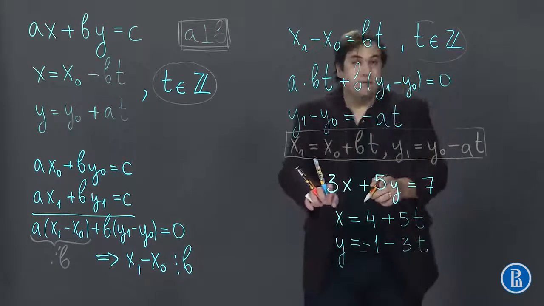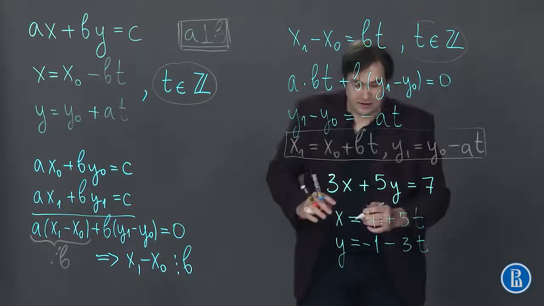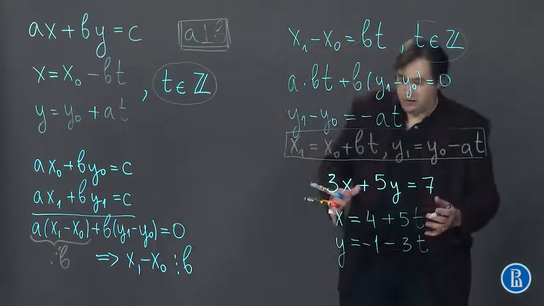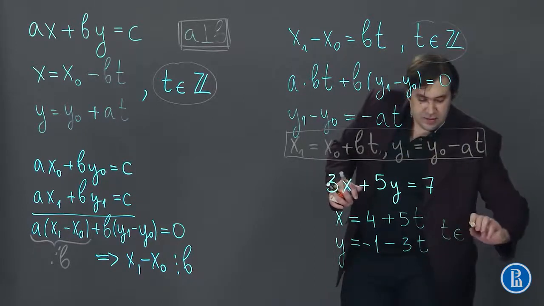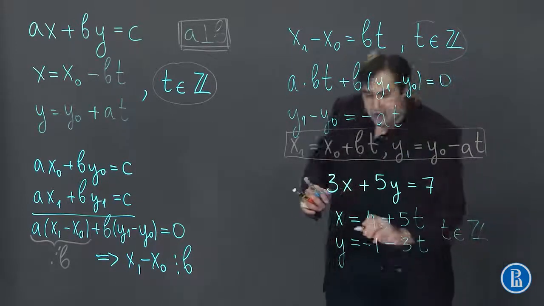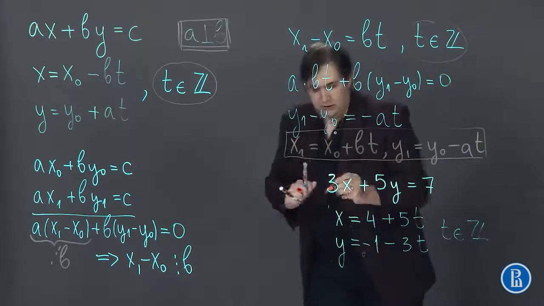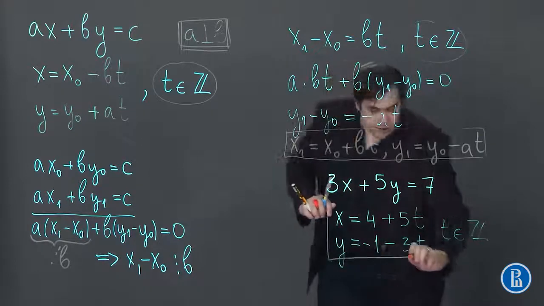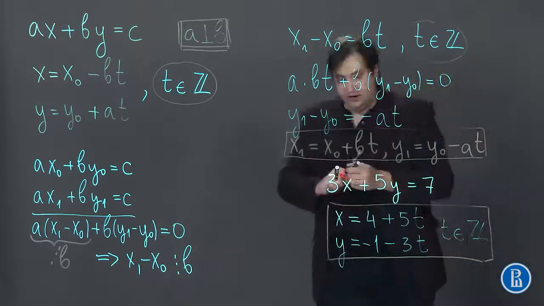Well, since 3 and 5 are indeed mutually prime, then this is a proper way to find a solution. Write that t is an arbitrary integer, and we have a solution for your initial Diophantine equation.